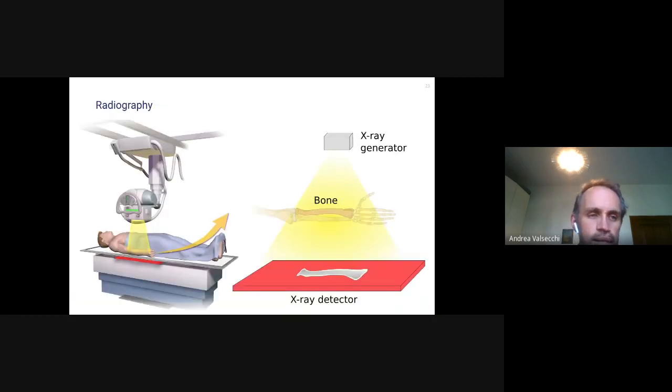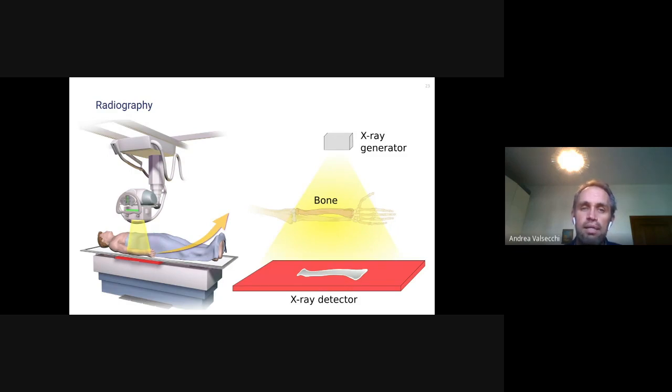This is an explanation of radiography. In case you don't know, how do you get an X-ray radiograph? You place a detector, which is sensitive to X-rays, for instance below the arm of the subject, and then you put on top an X-ray generator.